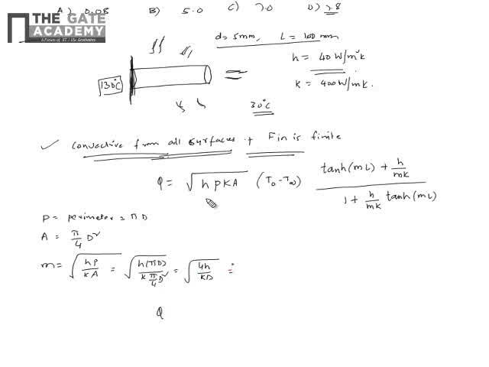So let's first find out these values. 4h by kd: h is 40 and k is 400 and the diameter is 5 mm, so 0.005.